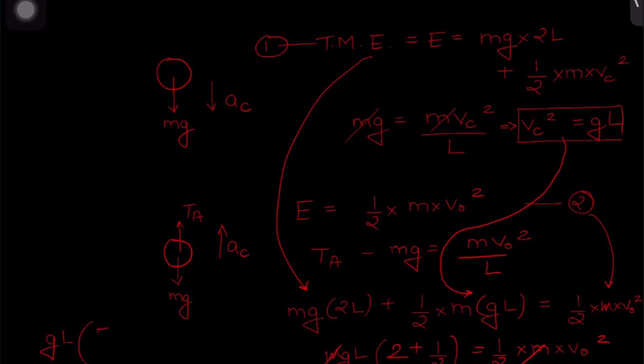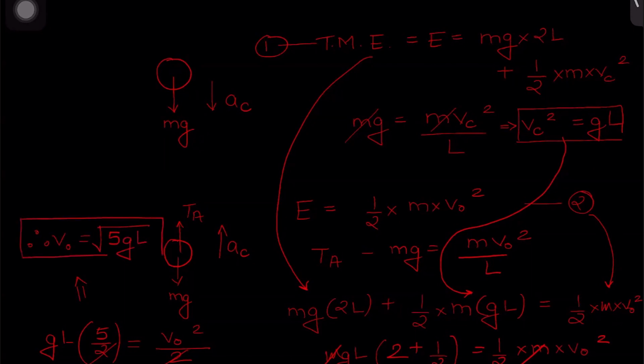So gl into 5 by 2 is equal to v naught square by 2. The 2 gets cancelled. Therefore, velocity v naught is equal to under root of 5gl. So that's how you get the first value of velocity, v naught is equal to under root of 5gl. I hope it is clear.